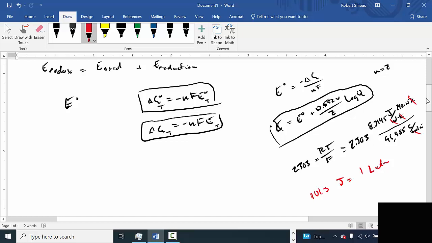But there's also work in pushing or pulling electrons through an external circuit. How much work do you have to do to pull electrons through an external circuit? Well, it's going to depend on the volts, that is the force, right? How much force do you have to push or pull on the electrons to get them through that circuit?